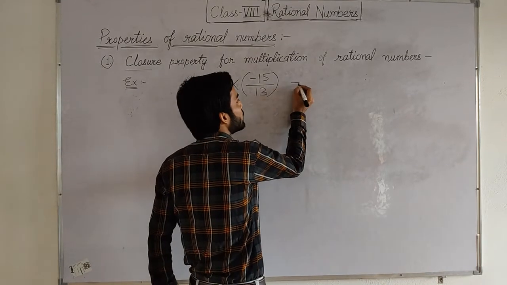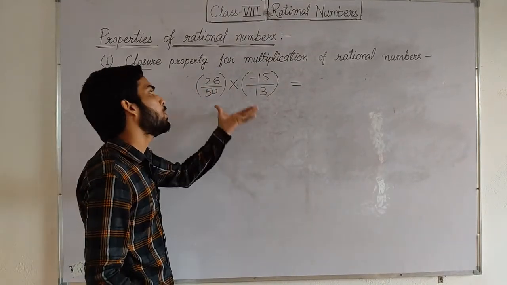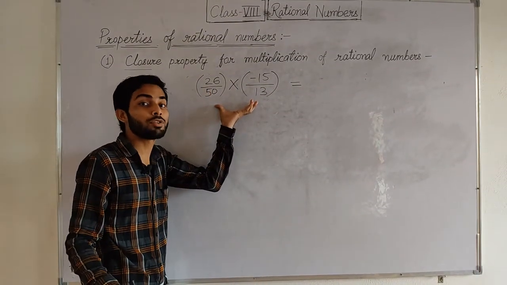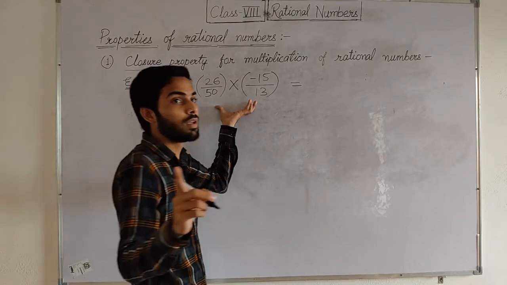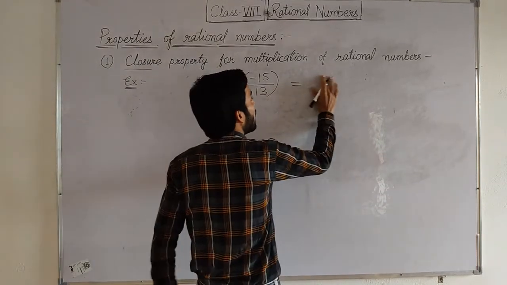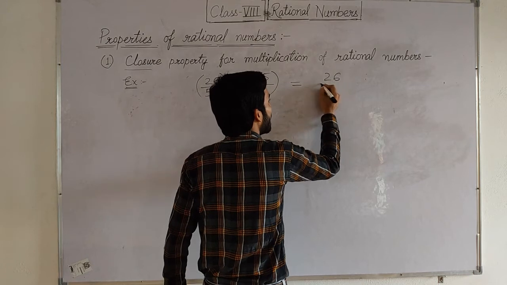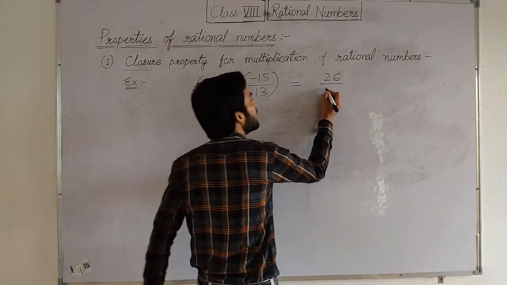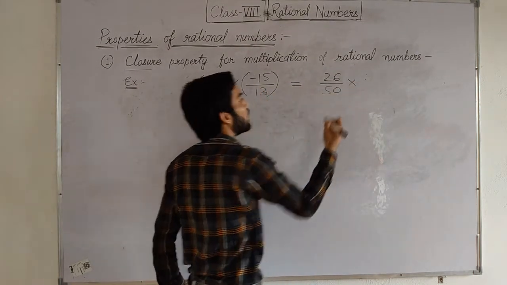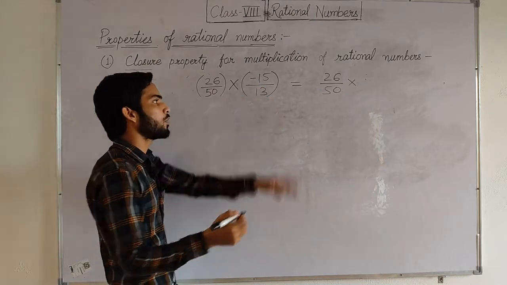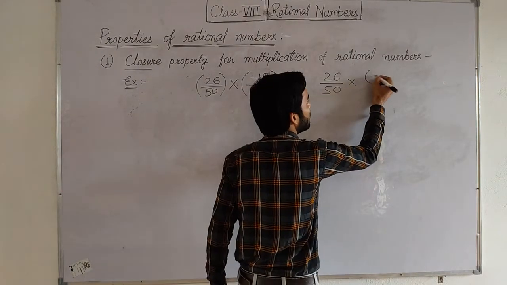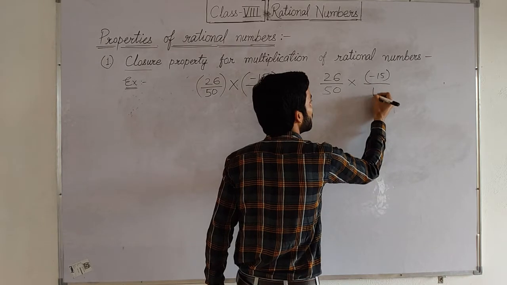So my dear students, you already know how to multiply two rational numbers. You have studied it in class 7th. On removing the brackets, I can write 26 upon 50, and minus 15 upon 13.